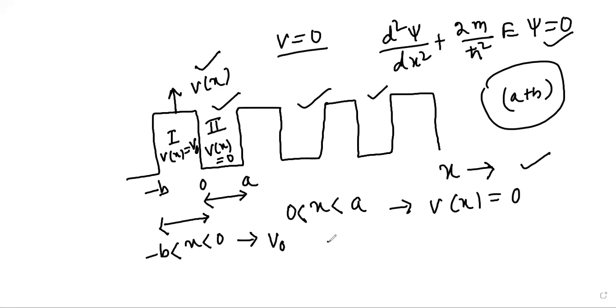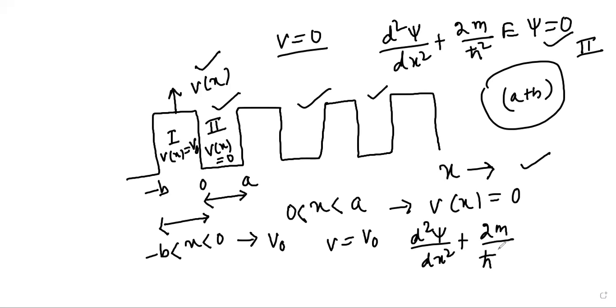Similarly, for V equal to V0, that is region 1, where this was for region 2, we can write d squared psi by dx squared plus 2m by h bar squared into E minus V0, psi equals 0. This is valid for x lying between minus b and 0.